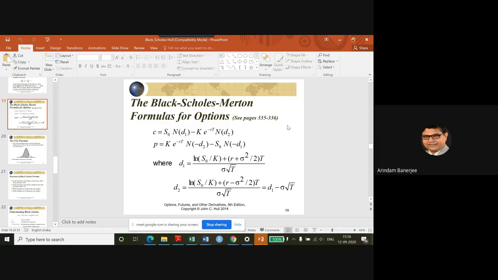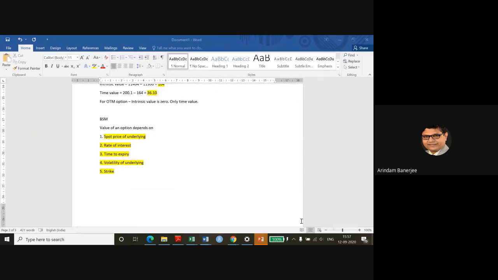Now, in this formula, if I look into these 5 variables, I can see the spot price is given. I can take it from the market. The risk-free rate of interest, in India, I can get from the RBI.